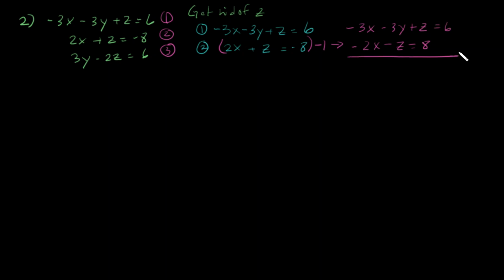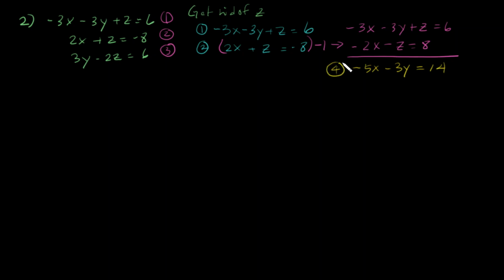When I put them together, I have a new equation. We have a negative 5x minus 3y equals 14. Okay, I'm going to call this the fourth equation.